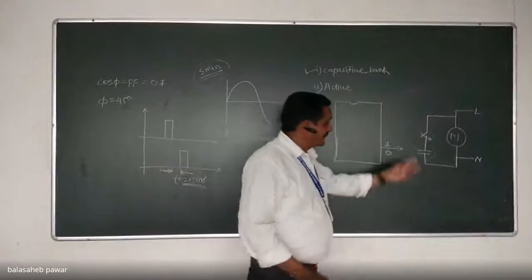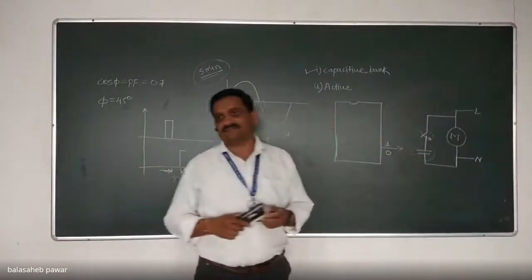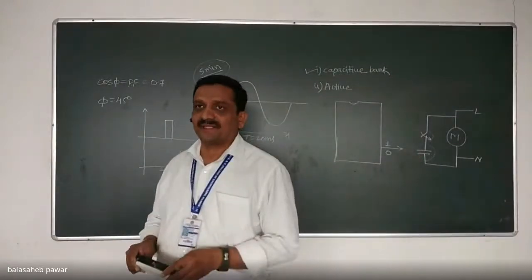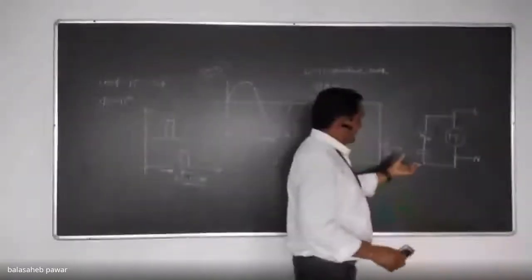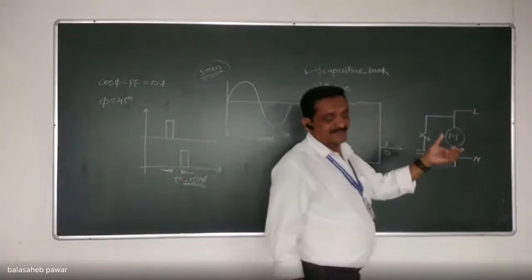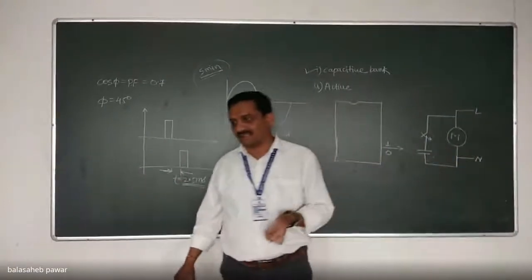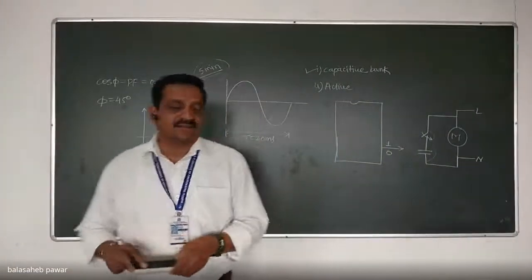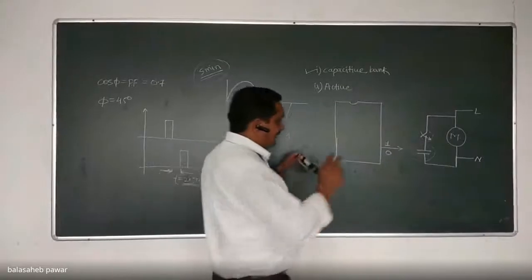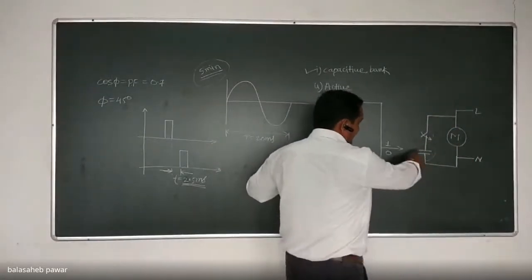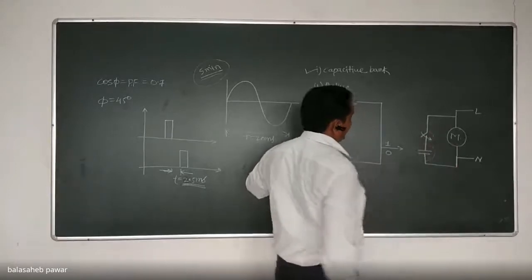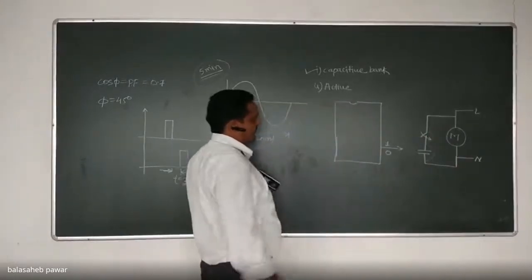What should be the value of this capacitor, in terms of capacitance as well as voltage handling capacity? It should be an AC capacitor so that it can improve the power factor. Search by yourself. If you do not get it, then I will explain later on.